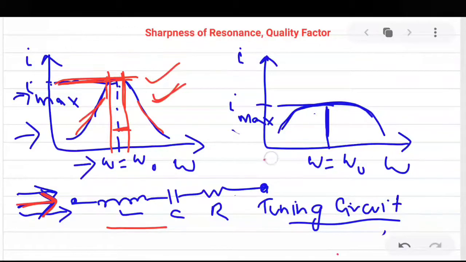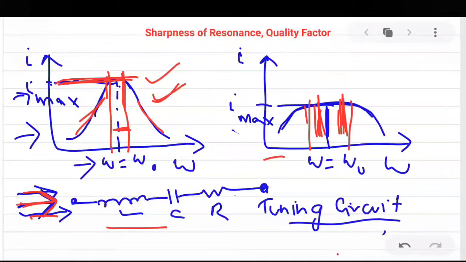Whereas in this case, the current is maximum for a wide range of frequency. So for all those frequencies the circuit is allowing the signals to pass through. Along with this red color signal, the other signals will also go, so we will not be able to receive a particular signal because all the other signals will superimpose.